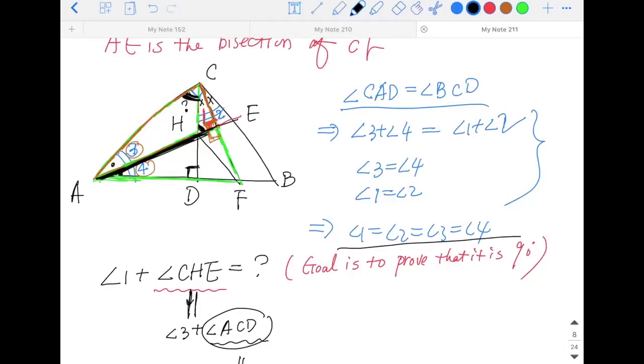This is angle side angle. Triangle ACG is congruent to triangle AFG. Is that right? If these two triangles are congruent, of course, CG will be the same as GF.